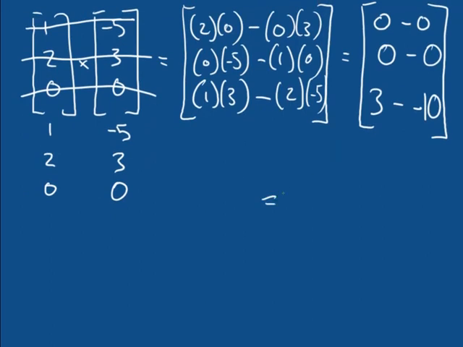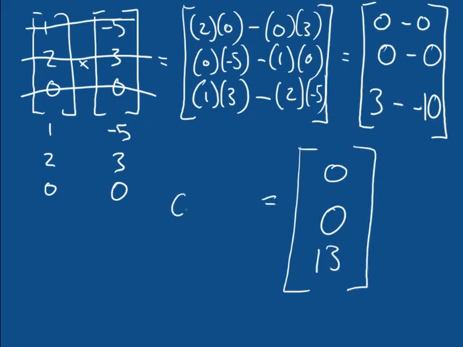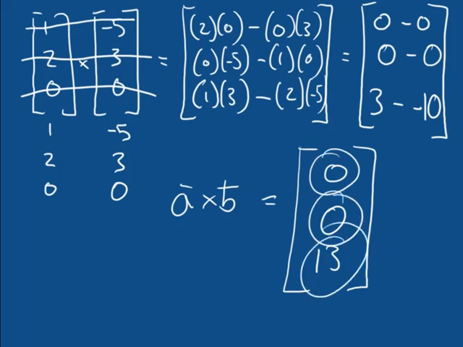So that is equal to 0 minus 0 is 0. 0 minus 0 is 0. 3 minus minus 10 is 3 plus 10, which is 13. So the result of A cross B is the vector 0, 0, 13.